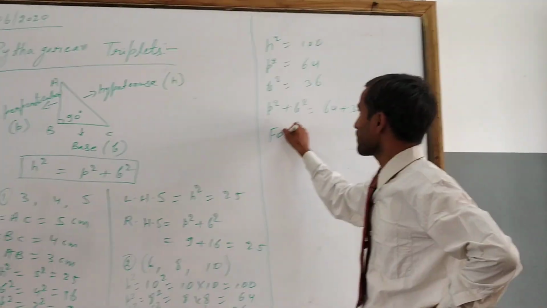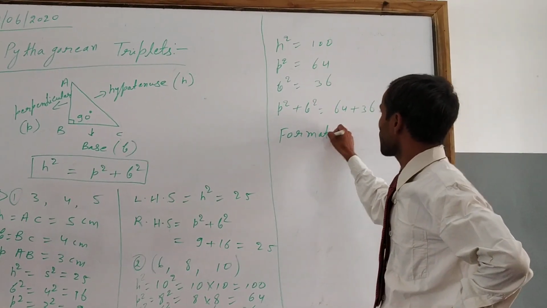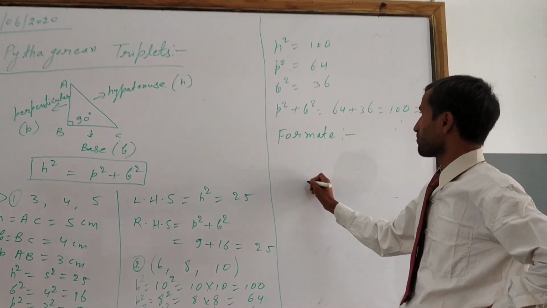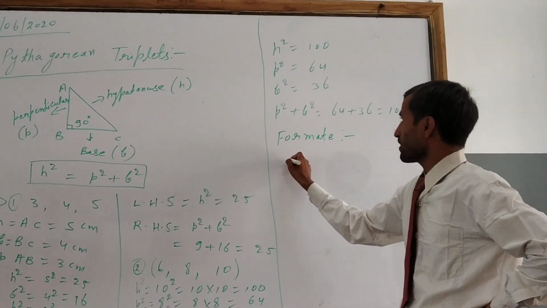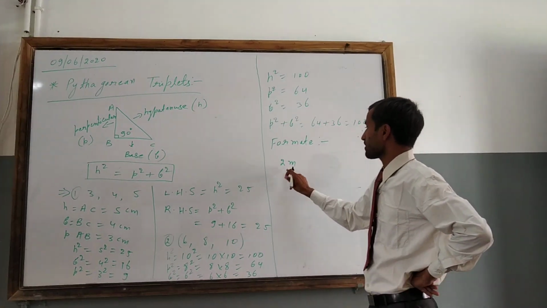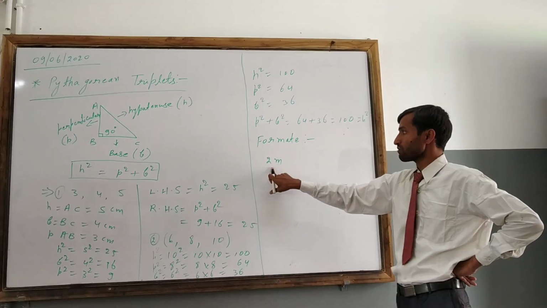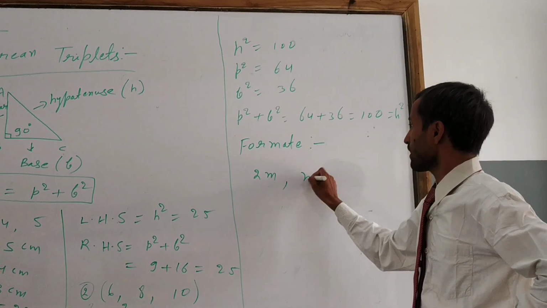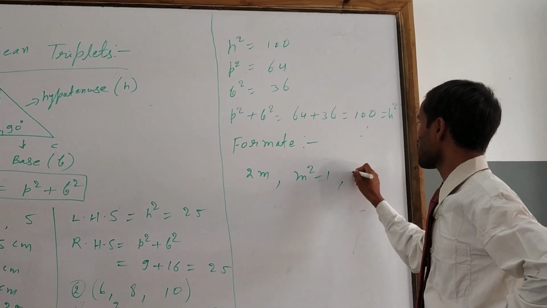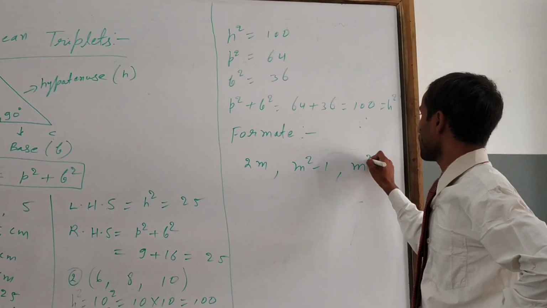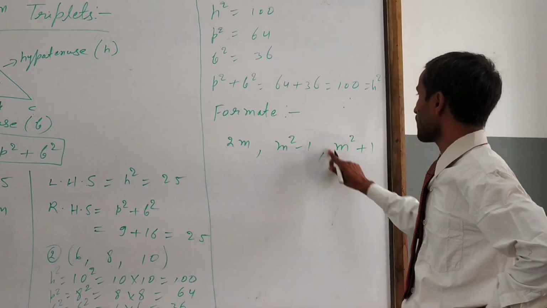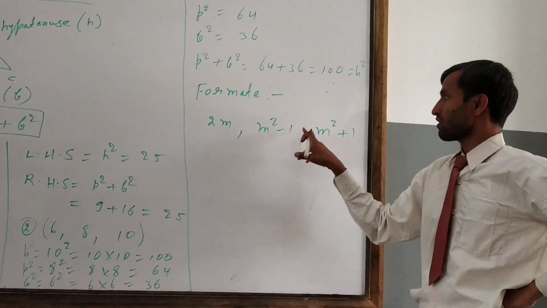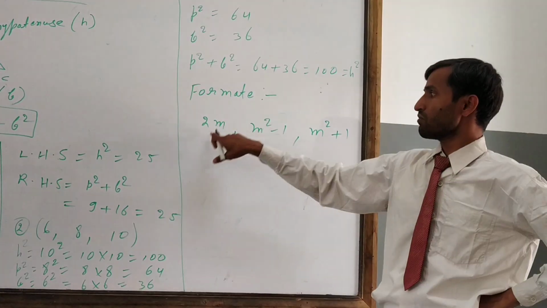Remember this format always, as it will be helpful in exercise problems. The format is: the smallest number will be 2m, then the bigger number is m square minus 1, and the biggest number will be m square plus 1. This biggest is the hypotenuse, and the others are base and perpendicular.